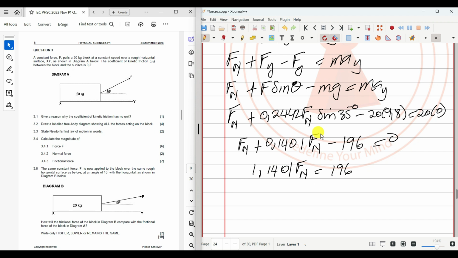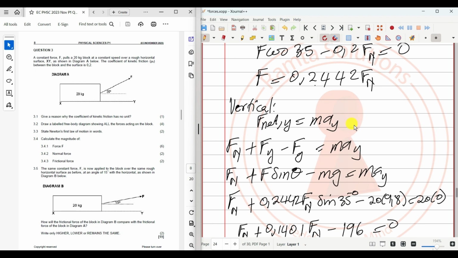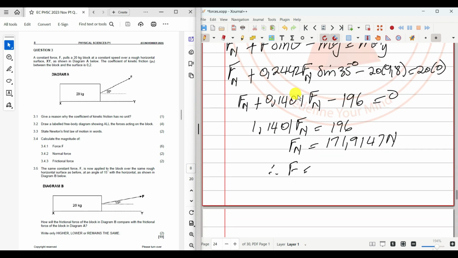Now 196 divided by 1.1401 is, let's see, F sub n is 171.9147 newtons. Therefore, F will be, check what we said there, 0.2442 times F sub n. 0.2442 times 171.9147. What is it?